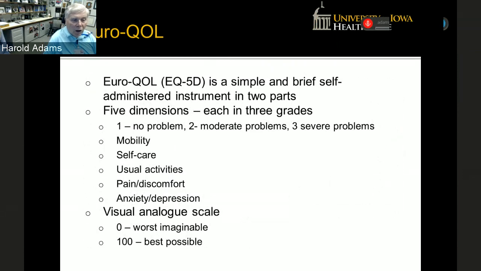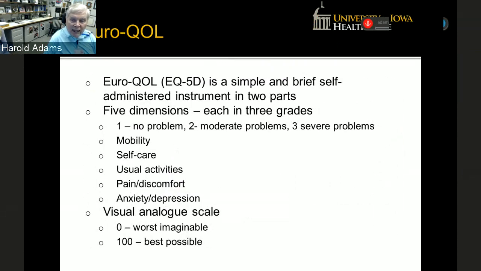The EuroQol is a simple and brief self-administered instrument. There are five dimensions that are checked: mobility, self-care, usual activities, pain or discomfort, and anxiety and depression, with 1 being no problem and 3 being severe problems.